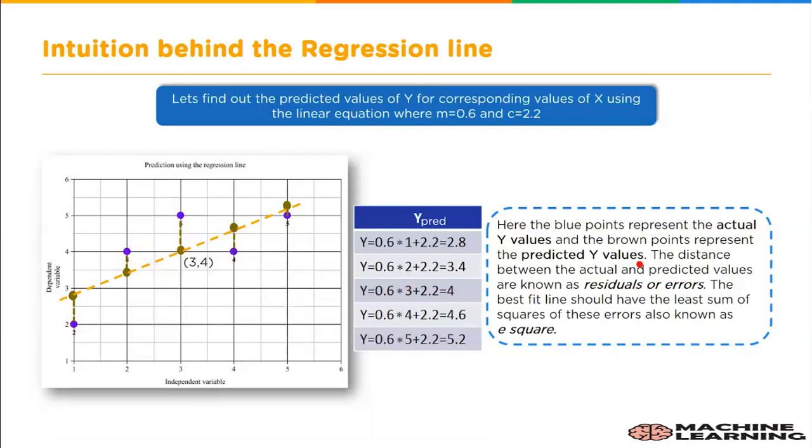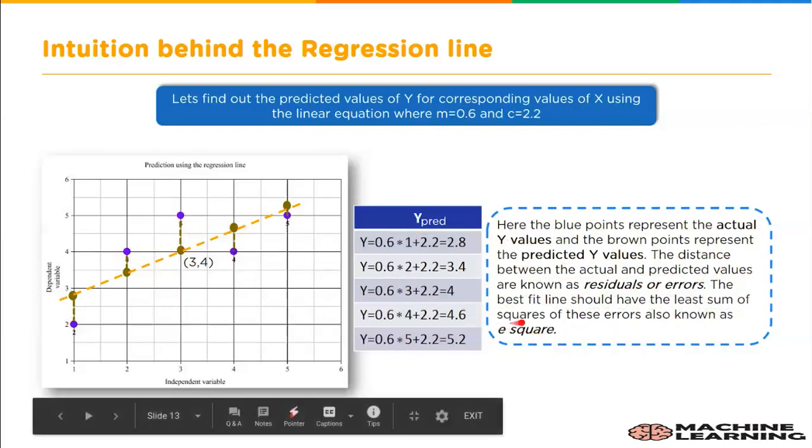The distance between the actual and predicted value is known as the residual or error. The best fit line should have the least sum of square of these errors, known as e square.